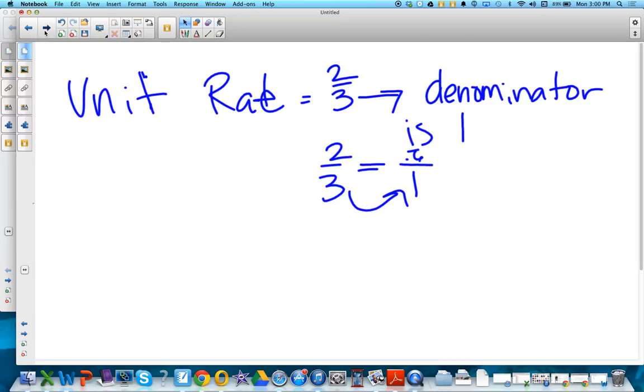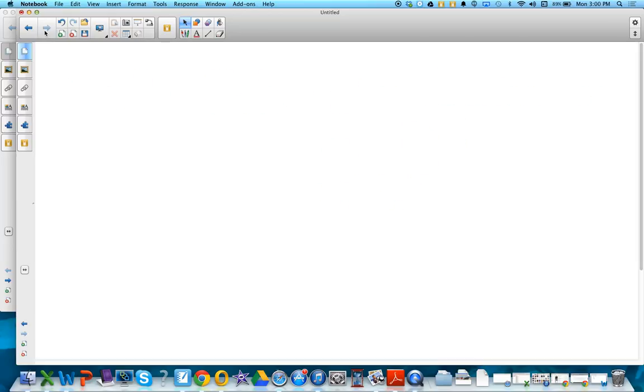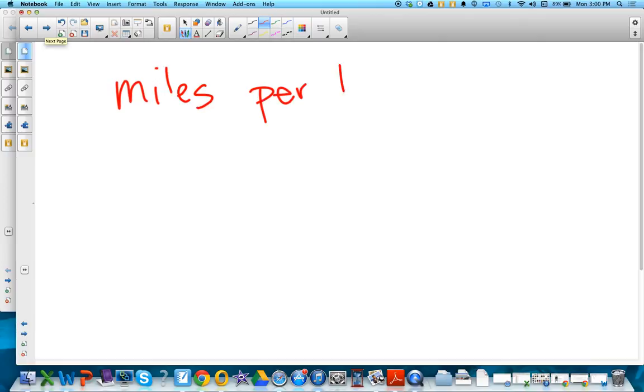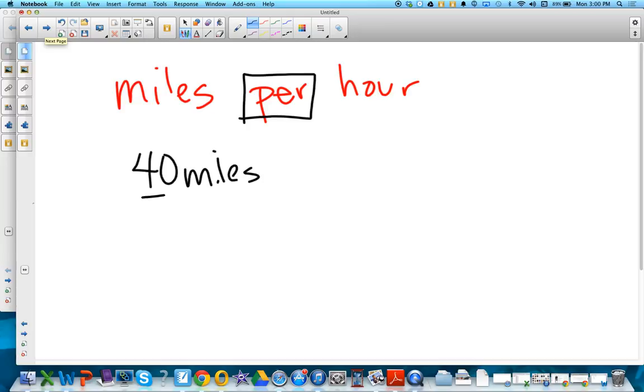So one way that we use them a lot is in something like miles per hour. And that word per is going to be key to knowing that we have a ratio or a rate. Miles per hour. Now, never have I seen a speed limit sign that says 40 miles per 2 hours.